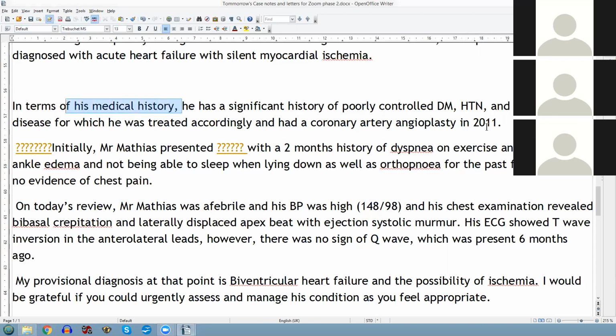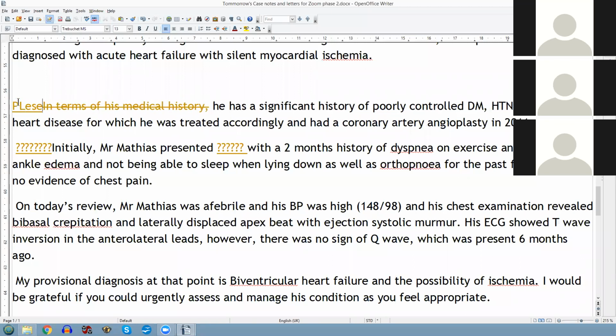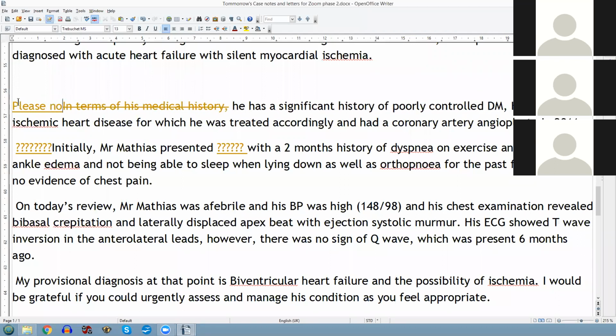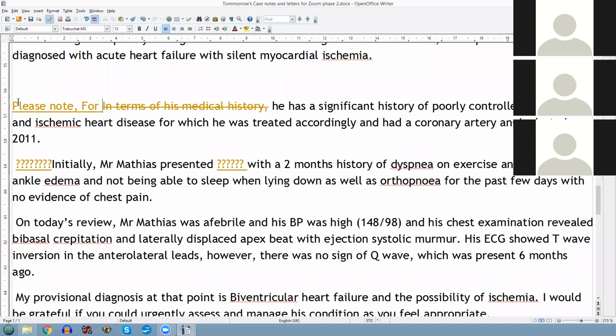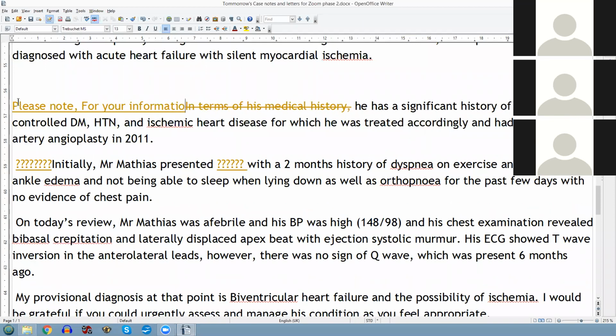Or you could say, for your information, or please note, so instead of saying in terms of his medical history, use a different expression. So, something like, please note, or for your information, or something such as that. You can either change that with a different one. It doesn't make a lot of difference.